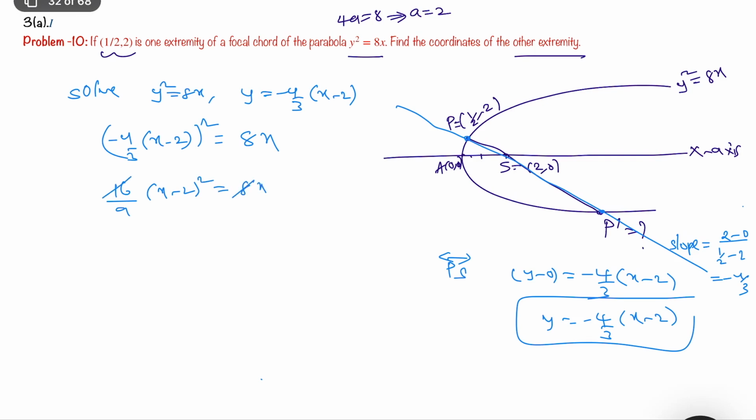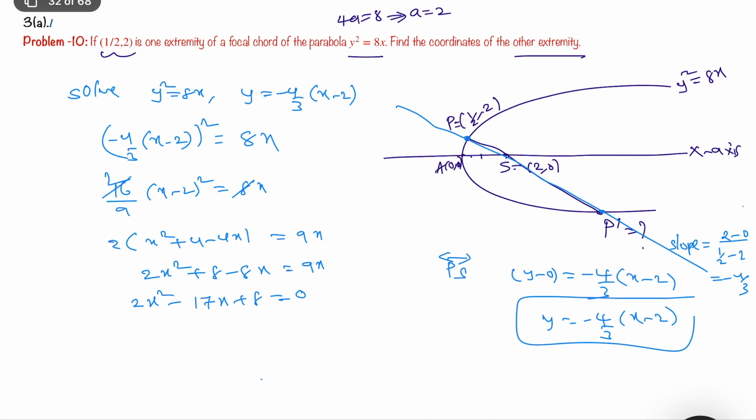So the 16, 8 will have a 2 here. So 2 times (x square plus 4 minus 4x) equal to 9x. So we have 2x square plus 8 minus 8x equal to 9x. This I can write as 2x square minus 17x plus 8 equal to 0.